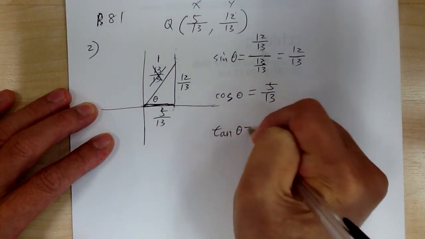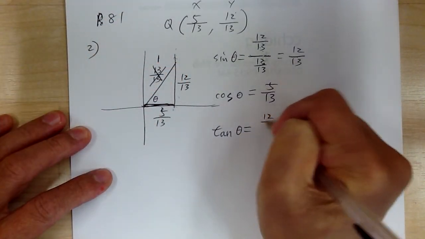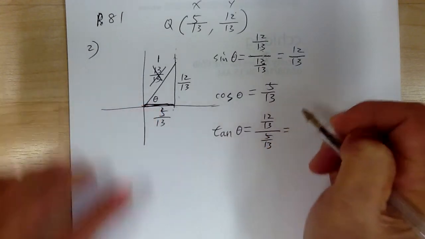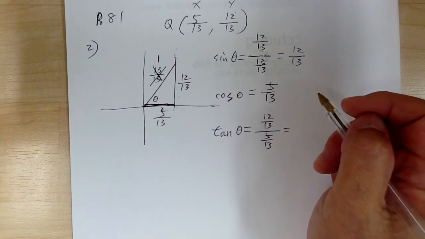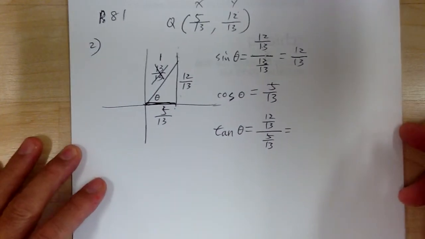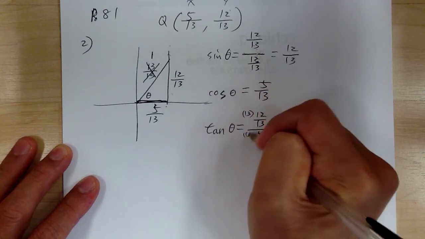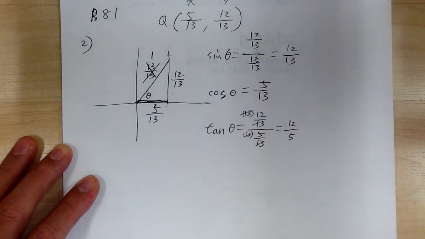Tangent theta is the vertical over horizontal, so it'd be 12 over 13 over 5 over 13. And complex fraction, again, a lot of review from algebra, right? To simplify a complex fraction, you multiply by the common denominator, so this will cancel out, so it'd be 12 over 5.